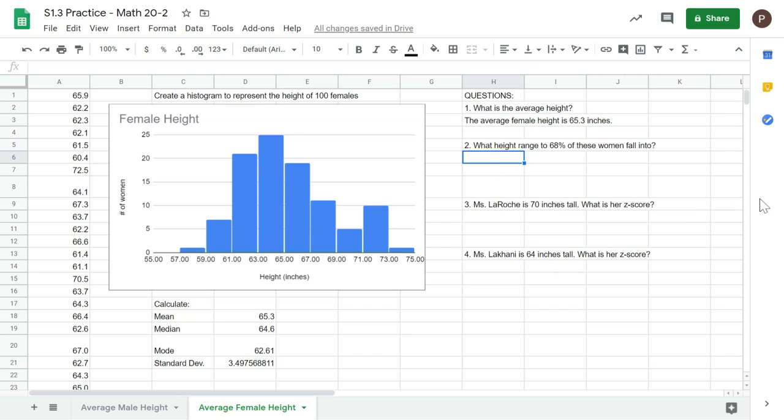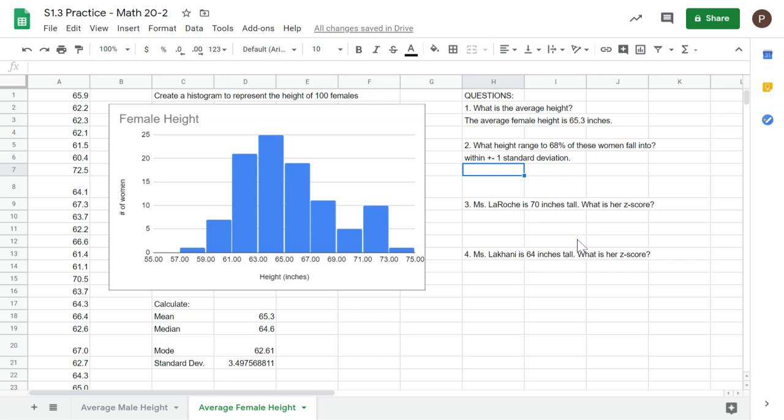What height range do 68% of these women fall into? So remember, that means that I'm within plus or minus 1 standard deviation, right? I want to go 1 standard deviation, or in this case, 3.5 inches above my mean. I also want to go 1 standard deviation below.